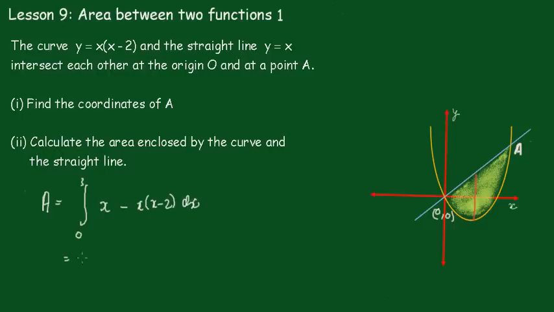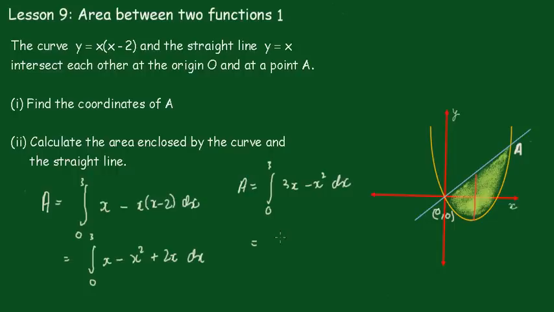And of course that becomes, on simplifying, x minus x squared plus 2x dx. So the area is equal to the integral between 3 and 0 of 3x minus x squared dx.